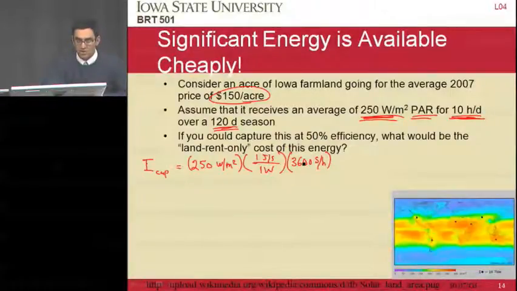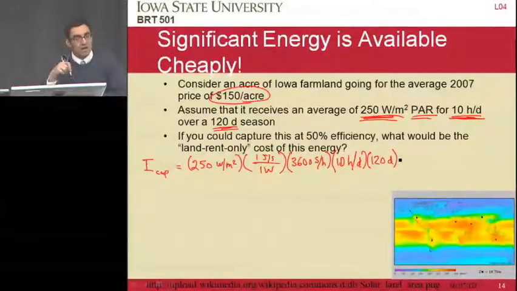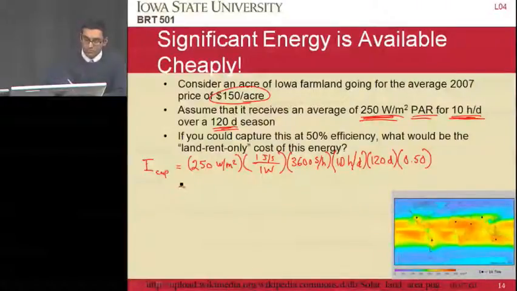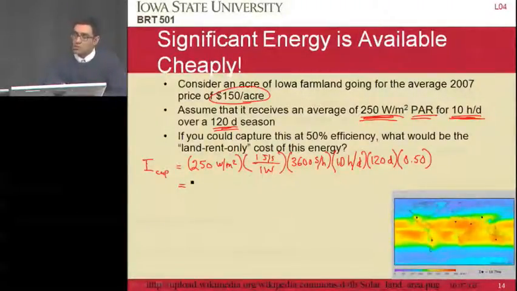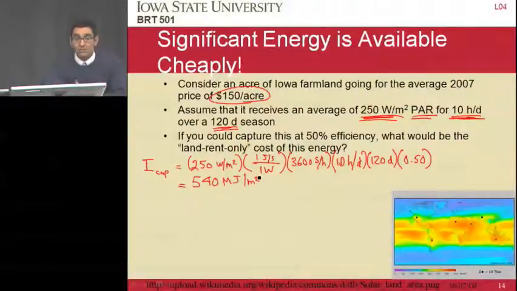Then 10 hours per day gives joules per day per square meter, and 120 days gives joules per season per square meter. I'm capturing it at 50% efficiency, so that's joules captured per season per square meter. I get that as 540 megajoules per square meter in a season.